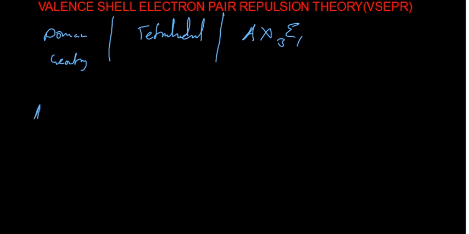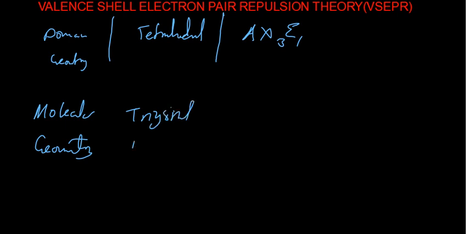So the molecular geometry will be a trigonal pyramid. That is not trigonal planar, it's a pyramid. So what's the difference? This is forming something like a pyramid.